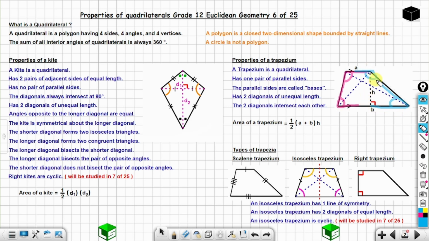You must have 180 degrees, not this and this, because this side is not parallel to this side. You must have parallel sides so that you can have your co-interior angles, which are supplementary. I hope you know that. So let's move on.